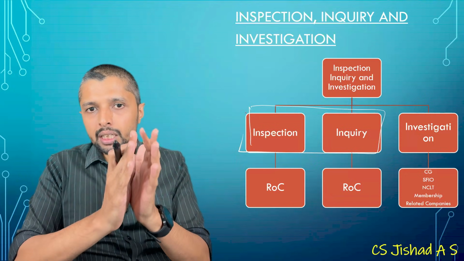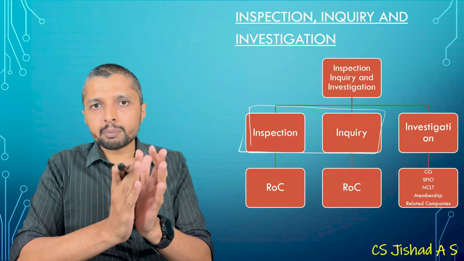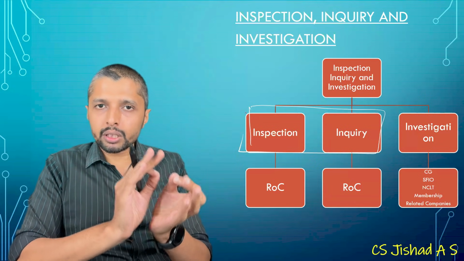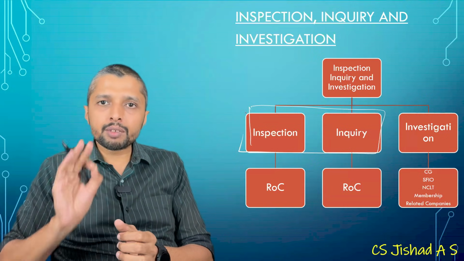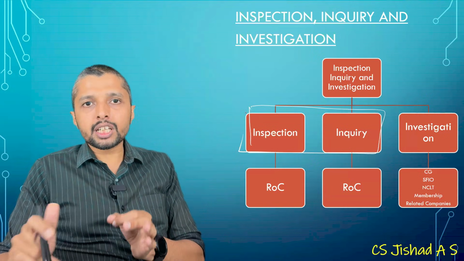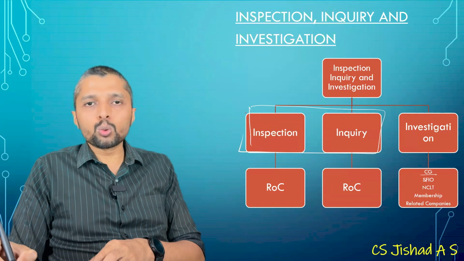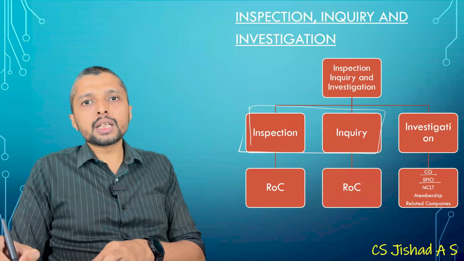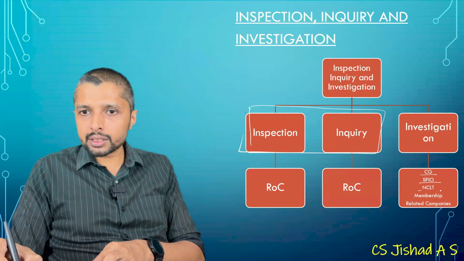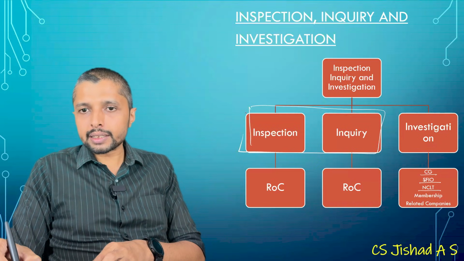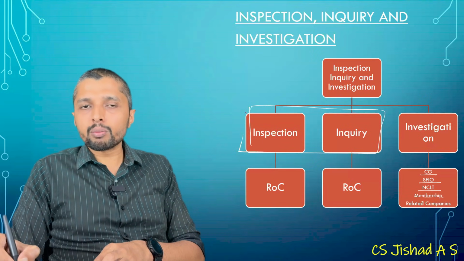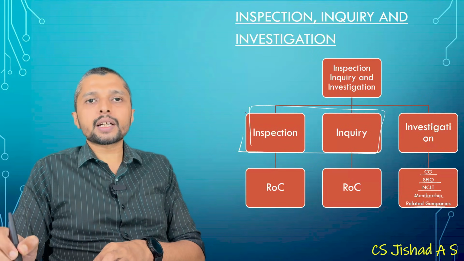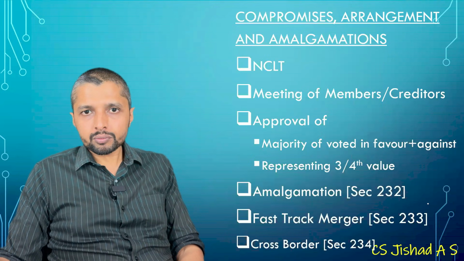After making the inquiry and the inspection under section 208, the ROC gives a report to the central government specifying whether investigation is required. If investigation is initiated, it may be by the central government under 210, by the Serious Fraud Investigation Office (SFIO) under 212, or by the NCLT under 213, with investigation into membership under 216 and related companies under 219.